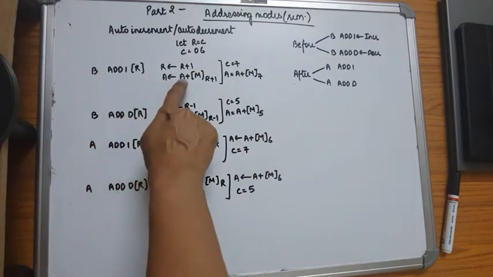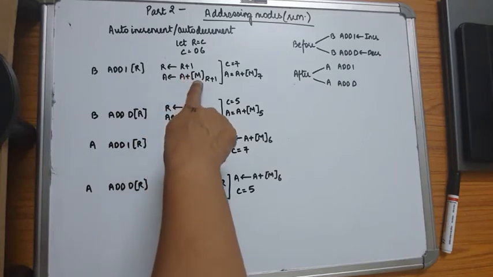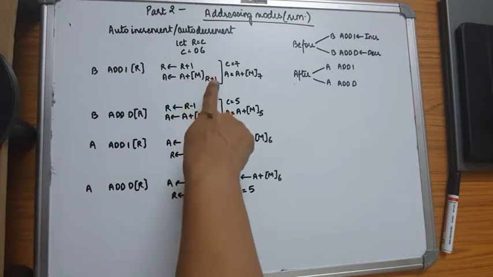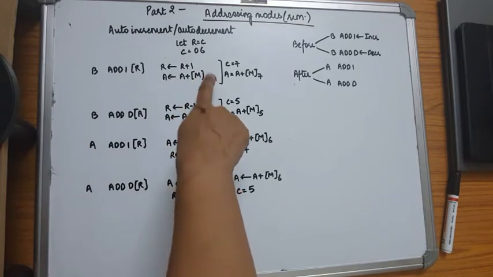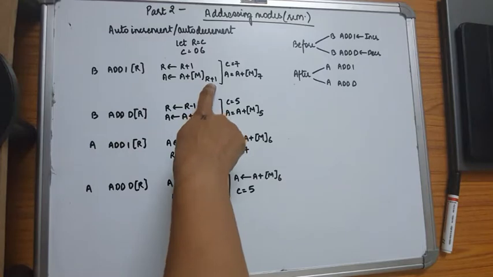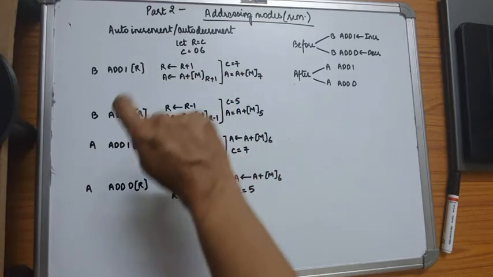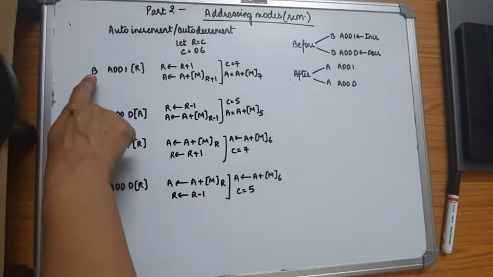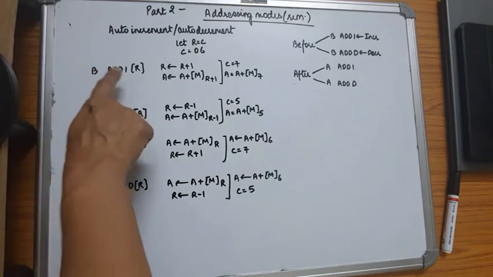After this, accumulator gets the content of accumulator plus memory location M whose address is given by the register. Which register? The C register, which is storing 7 now instead of 6, because it is before add increment.